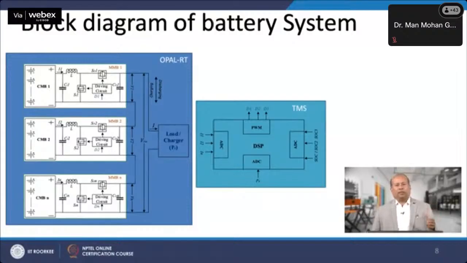The converter consists of an inductor of 5000 microhenry and a filter capacitor of 200 microfarads. The battery nominal voltage taken here is 48 volt for each module.